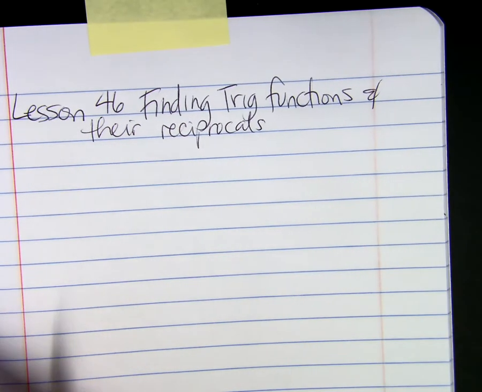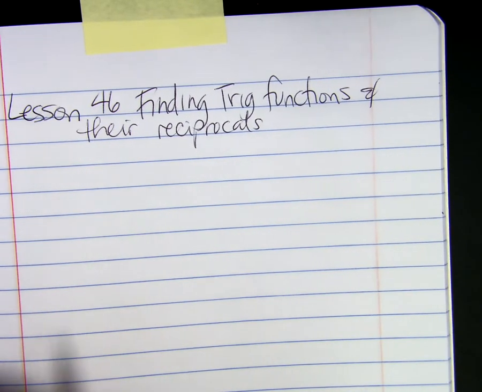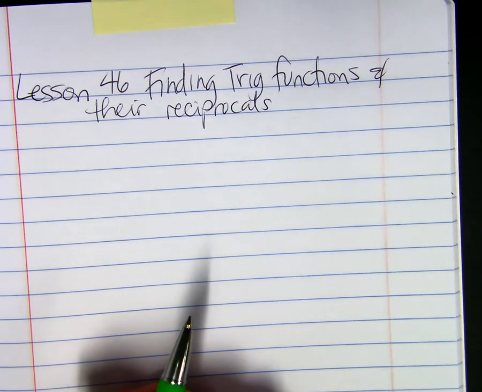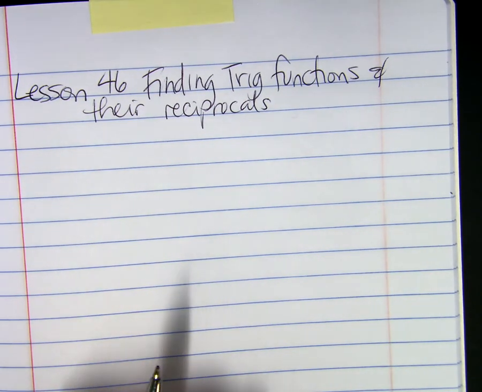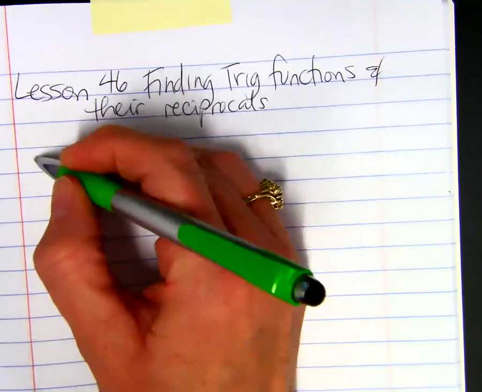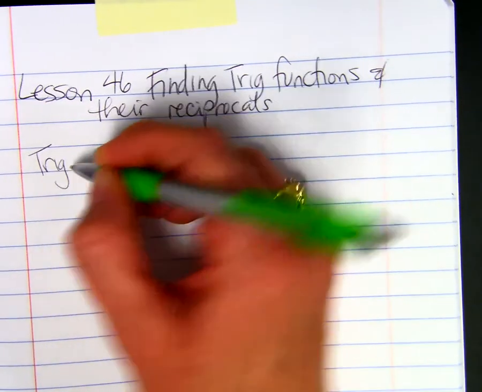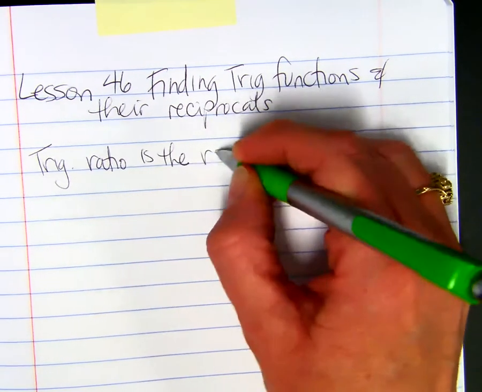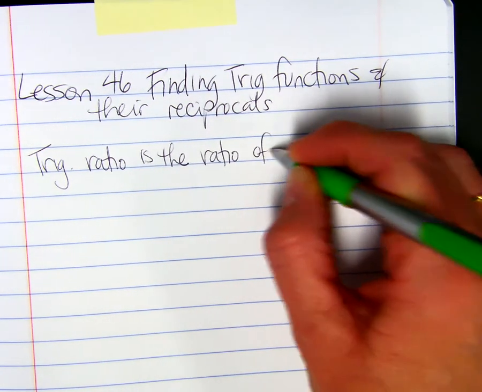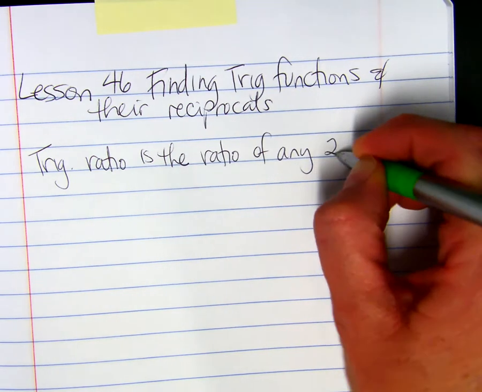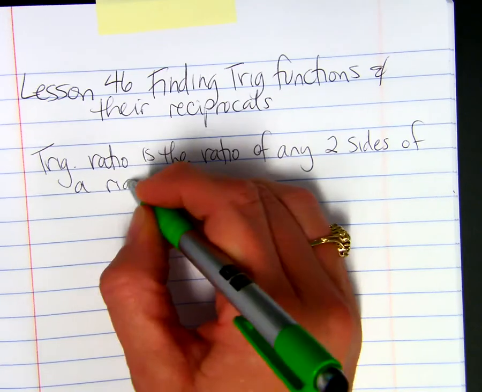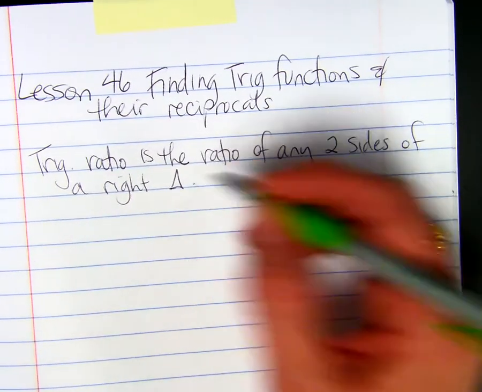So trig ratios are just ratios of any two sides of a right triangle.